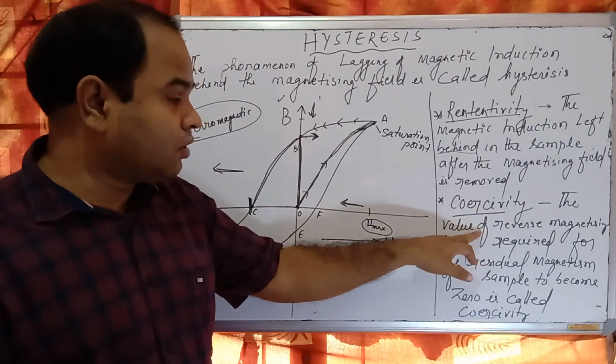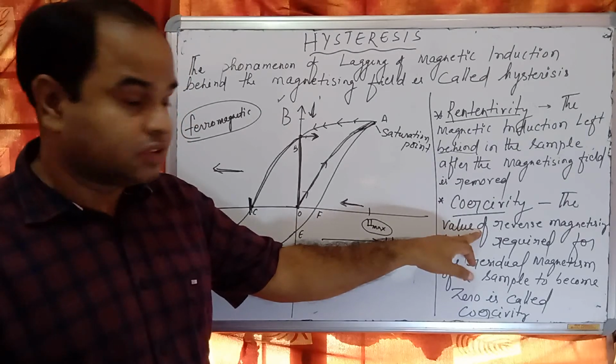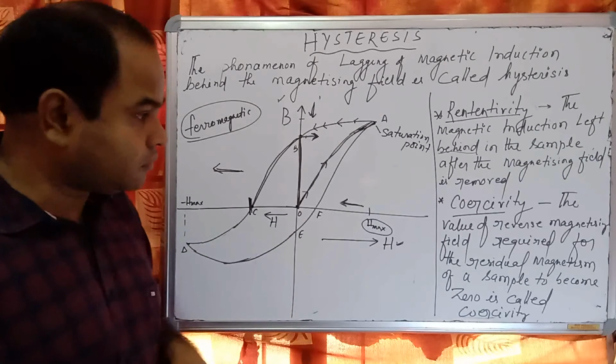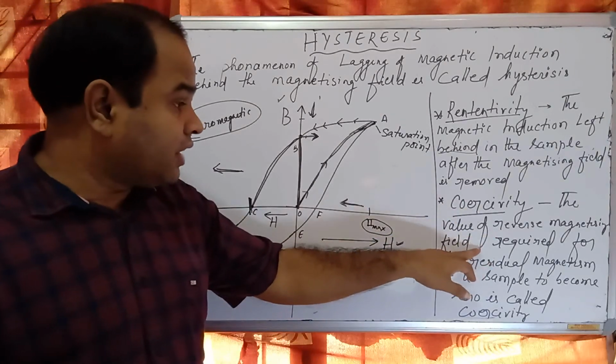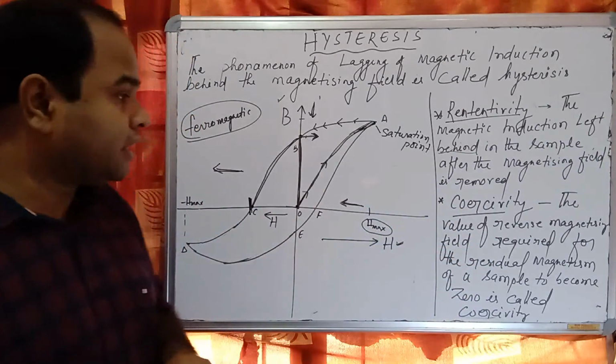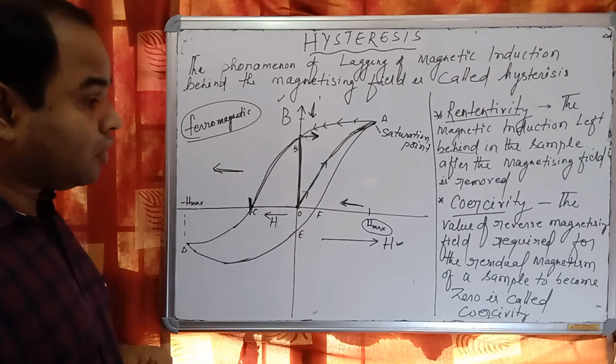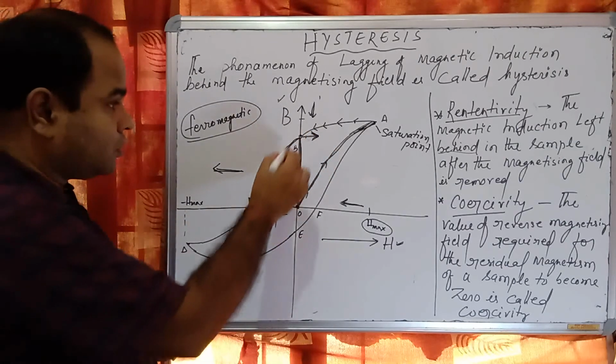The value of reverse magnetism required for this residual magnetism of the sample to become zero.